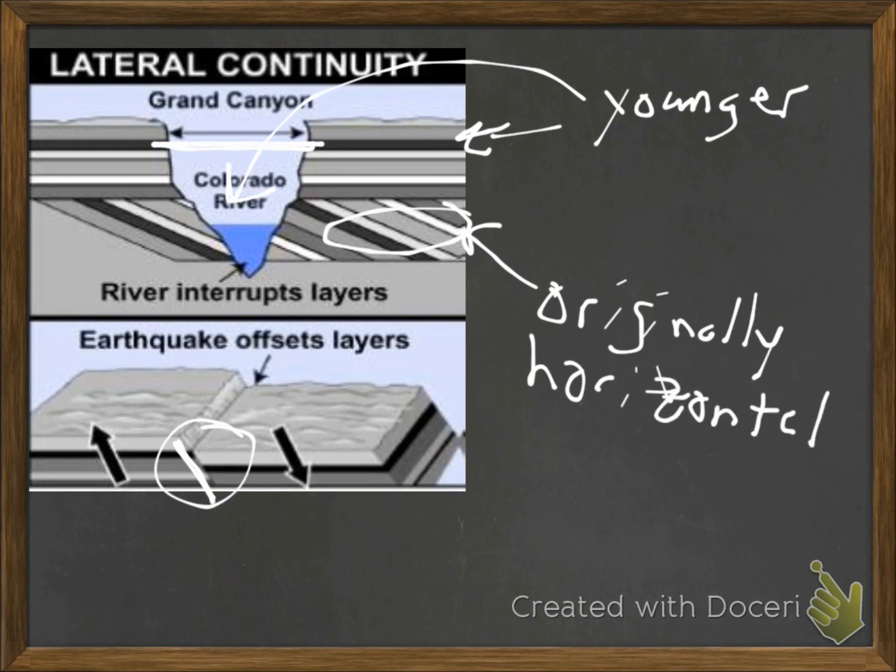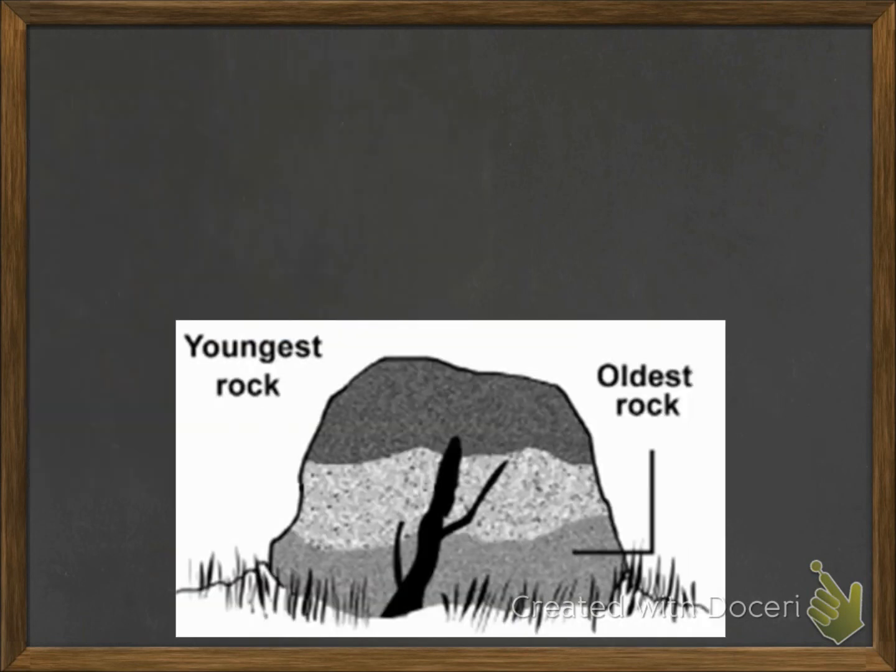Some earthquake or some other event must have occurred to rotate those layers, and then these layers up here would have formed after that. So we can tell that those top 6 or 7 lines are newer than the bottom 6 or 7 lines, and that that river is the newest of all. And that's the principle of lateral continuity.